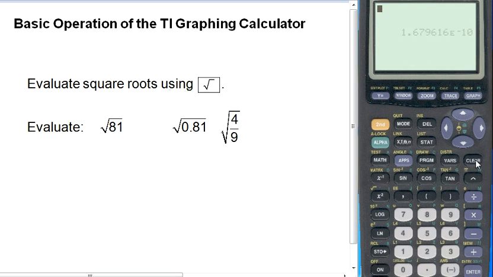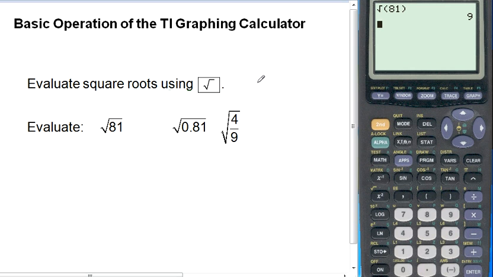Let's clear this first by hitting second and then the x squared. And notice how it puts a parenthesis there. We'll always close that parenthesis after the number to indicate where the square root ends. So the square root of 81, we'll hit close parentheses, and then we'll hit enter.